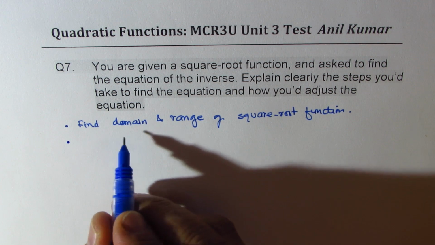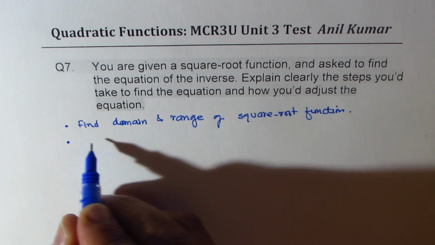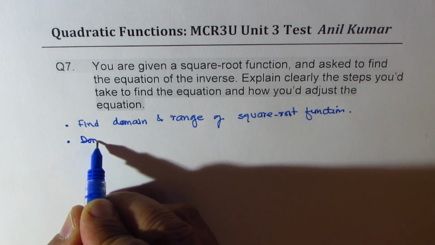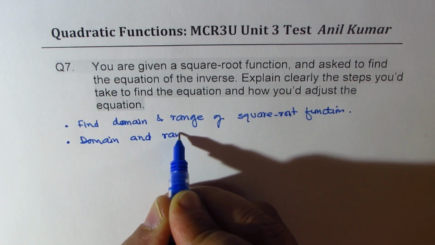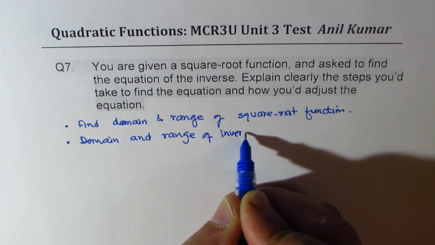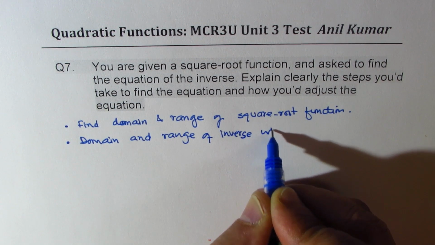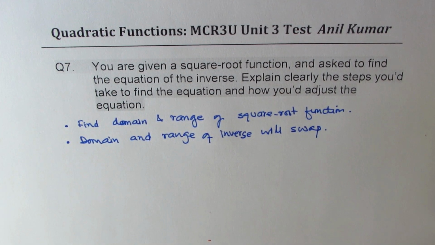And once you find domain and range of the square root function, you know that domain and range of the inverse will swap. So let me make you understand what I'm trying to say here.